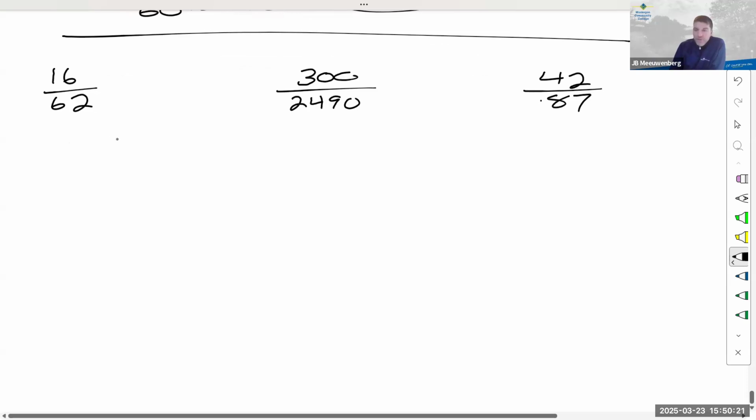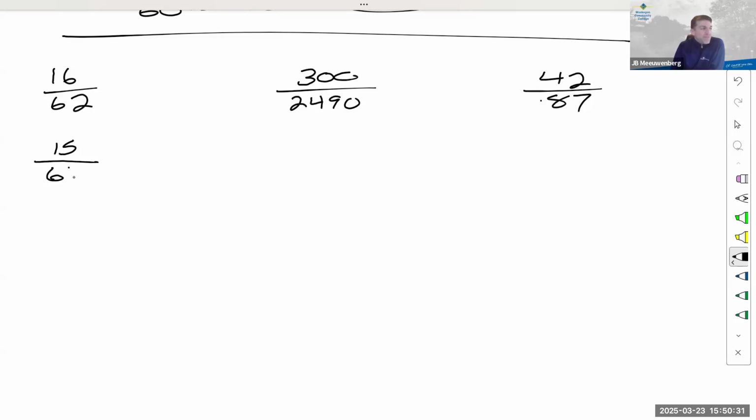And again, you're all going to maybe choose different things here. You could go 16 over 64, but I'm guessing most of you might have gone to something like 15 over 60, because 15 times 4 is equal to 60. That means this is equal to 1/4. 15 goes into 60 4 times, so it's 1 over 4, which is approximately 25%. So we would say this is approximately 25%.